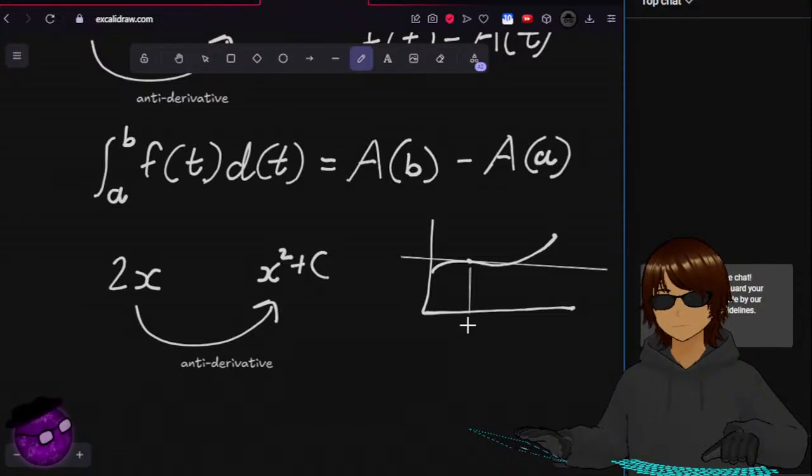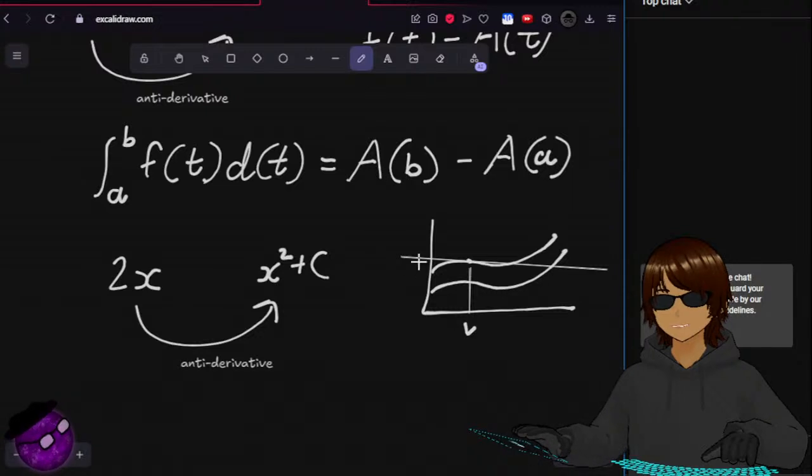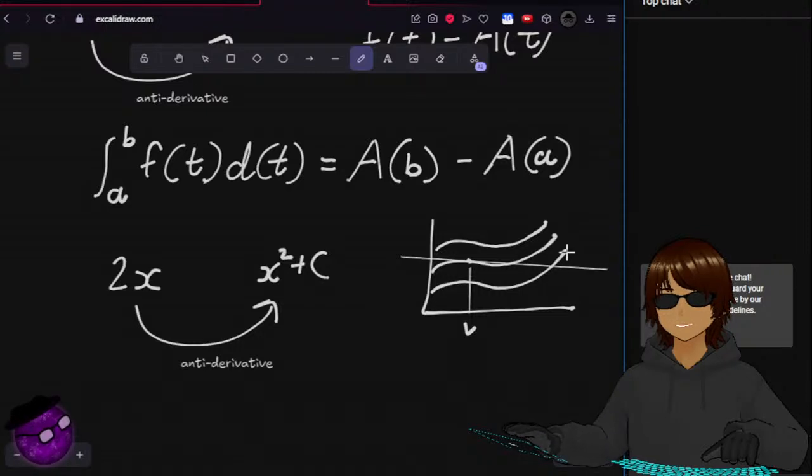Let's call it v. This is f v. So the derivative gives you the gradient. But if you knew the formula for the gradient, you can get the shape of the original function back, but you cannot get the y-intercept. So the function could be this or this or this. So the constant, the y-intercept, is unknown.